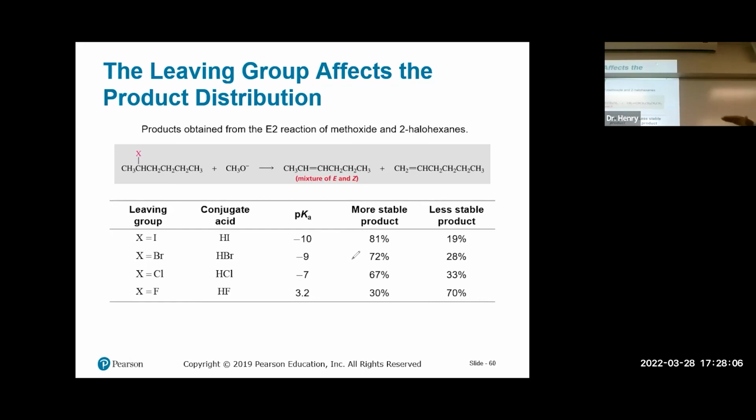As we get smaller, bromine is smaller than iodine, we're going to get a little less of our stable product. As we get to chlorine, which is even smaller than bromine, we're going to get a little bit less of our more stable product. And then we're going to get a huge shift when we get to fluorine, right? And we know that that has to do with its electronegativity.